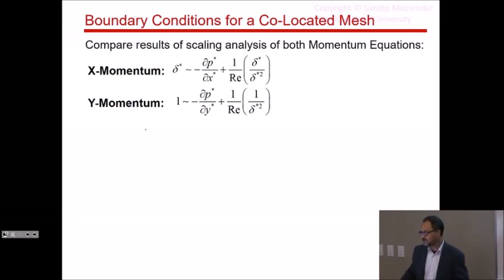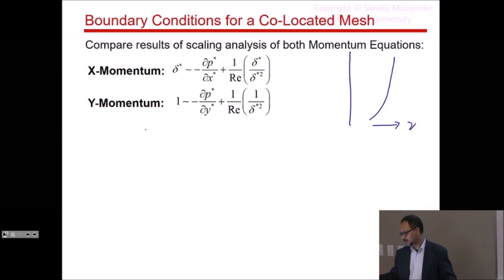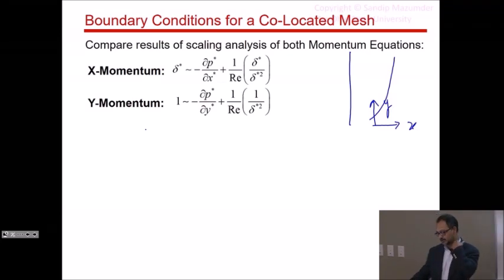So in this case, this is our x, this is our y. So y momentum is along the surface, x momentum is normal to the surface. All right. Final observation is that you notice that here there is a multiplication by delta star.